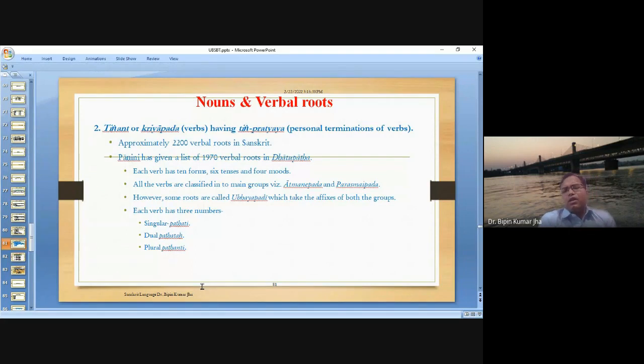You can coin the verbs with the help of these verbal roots.